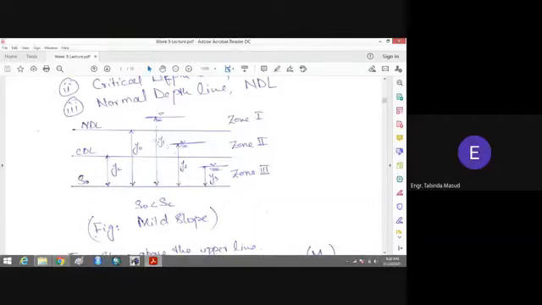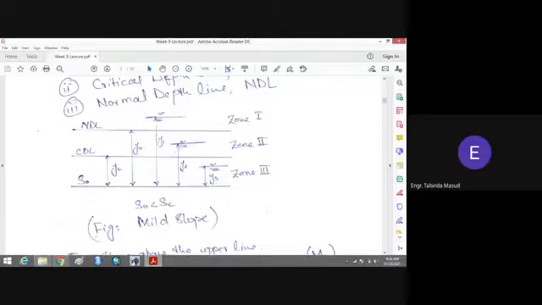Now forget about y1. Let's suppose the flow is here between the normal depth line and the critical depth line. If the flow is here, we will say that the flow is in zone number 2, where y0 is greater than y2, which is greater than yc. The flow in this zone will be denoted by M2, where M stands for the mild slope and 2 stands for zone number 2.